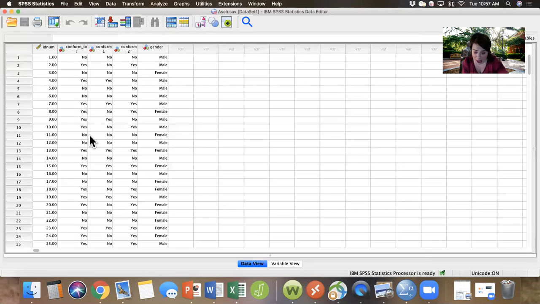Just to recap, whenever we do a one-way chi-square, it's very similar to the one-sample t-test in that we are comparing percentages in our sample to percentages in the population. With both the one-sample t and the one-way chi-square, we are comparing a sample statistic to a population parameter.